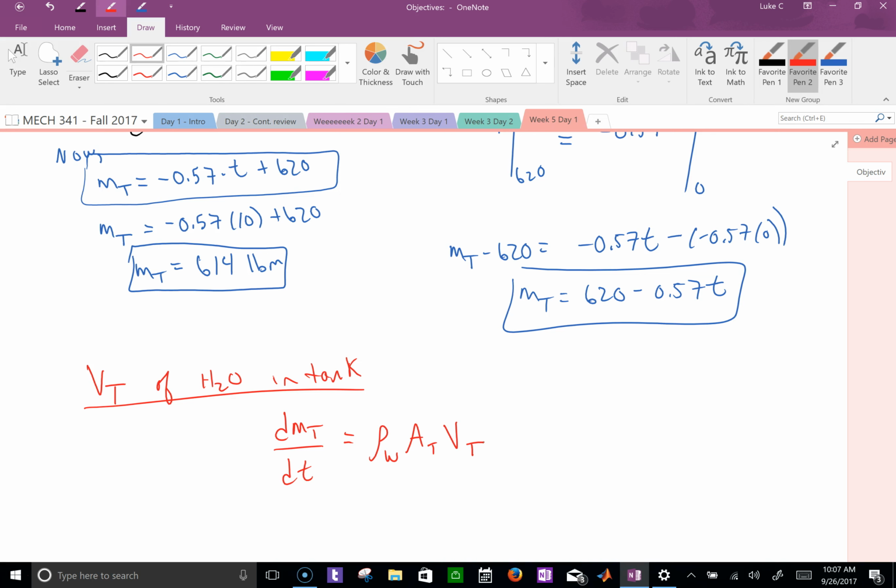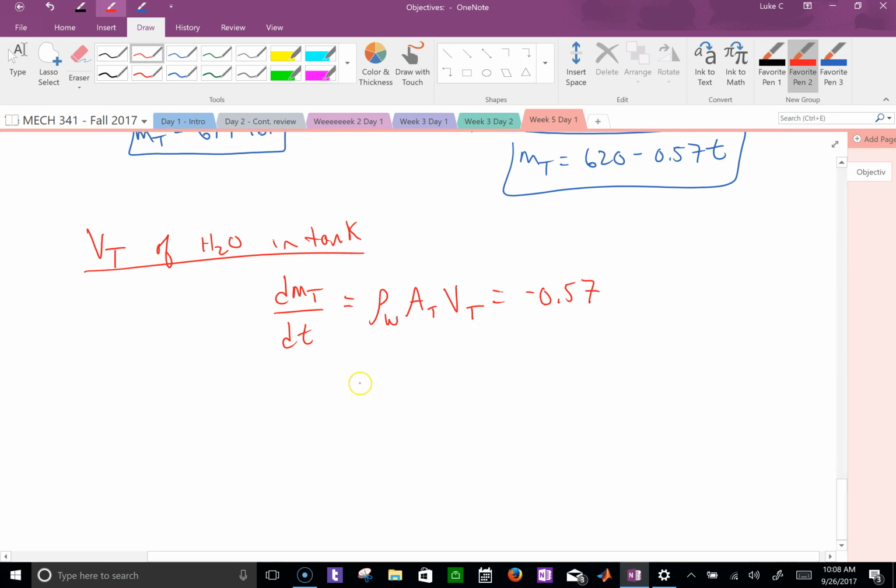Because we know the mass flow rate of the water in the tank, which was negative 0.57. As long as the water level is going at that rate, rho times A times V is like the mass flow rate. So we're going to rearrange and solve for V(t).